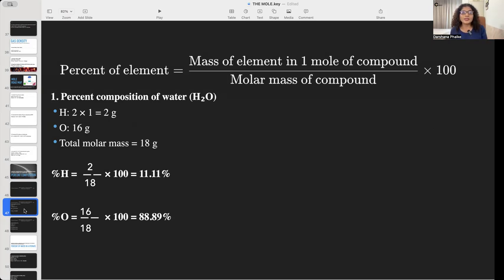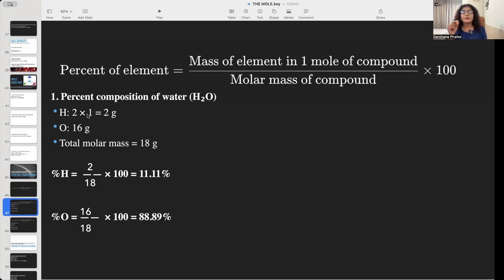So, percentage of hydrogen and oxygen in water. The question will ask, what is the percentage composition of water? That means you have to find the percentage of each element in that particular molecule. We know that water is H2O, so hydrogen atoms are 2 in this and oxygen is 1. Also, the mass of one hydrogen atom is 1 unit, AMU.